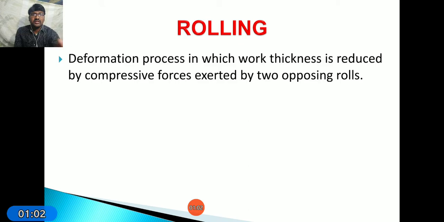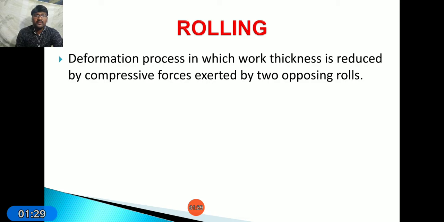Here the deformation process is one in which the workpiece thickness is reduced by compressive forces exerted by two opposing rollers. Here we are applying direct compressive forces on the workpiece by using rollers.